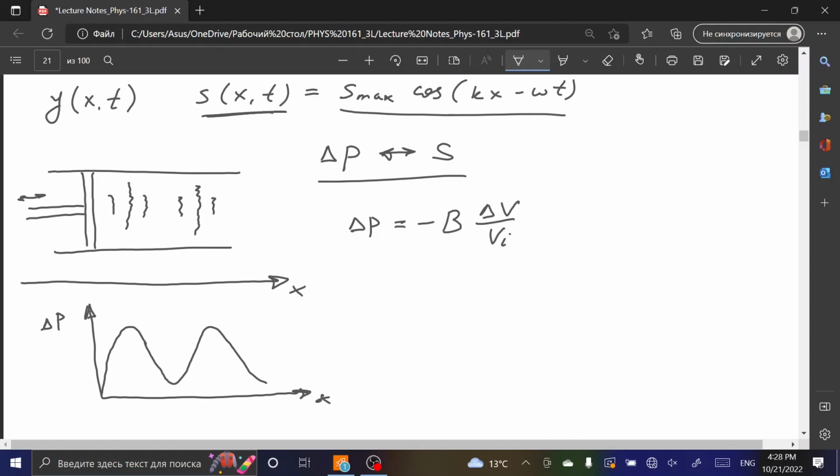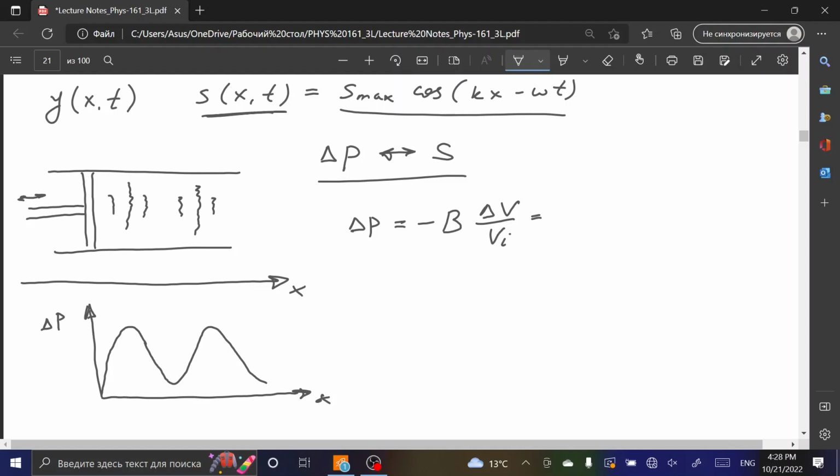Delta V is the change of volume, and V_i is the initial volume. So this introduces the relative change in volume of the medium times this bulk modulus, and that results in change of pressure in the vicinity of this area of the medium where all these changes are happening.